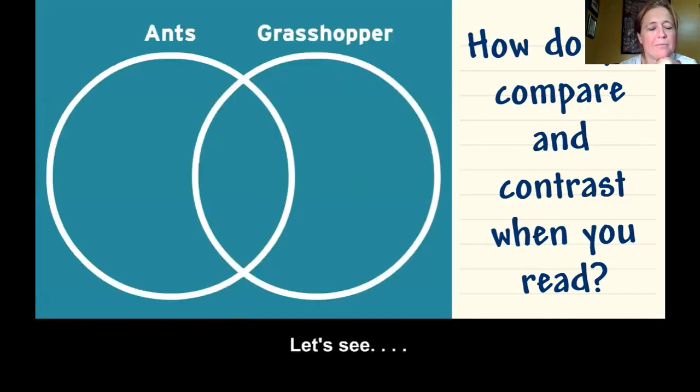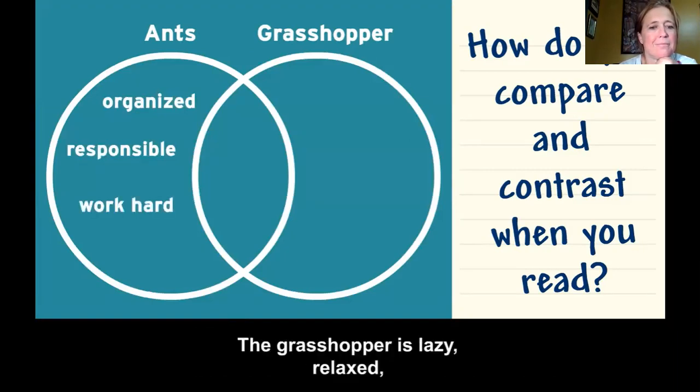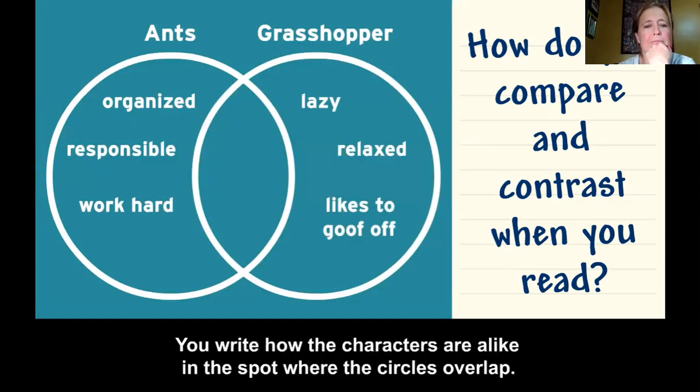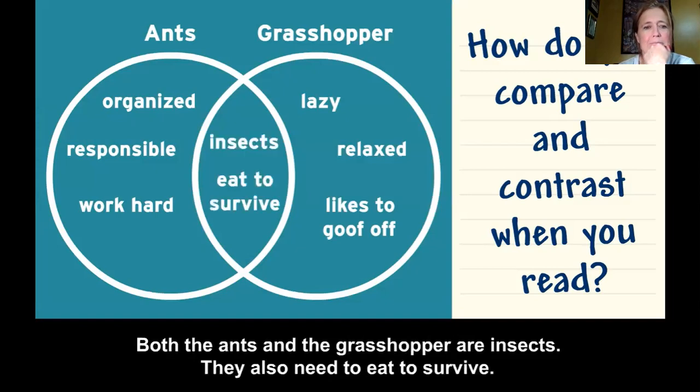Let's see. The ants are organized, responsible, and they work hard. The grasshopper is lazy, relaxed, and likes to goof off. You write how the characters are alike in the spot where the circles overlap. Both the ants and the grasshopper are insects. They also need to eat to survive.